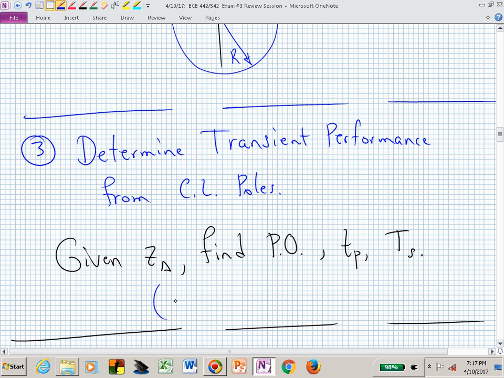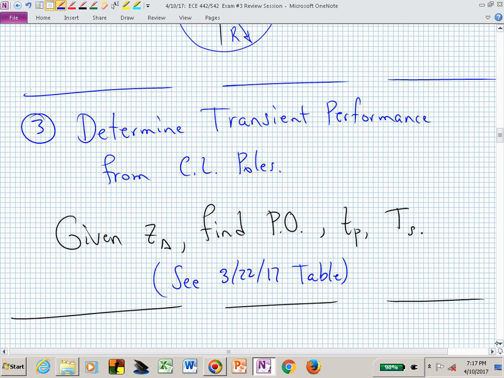And here, if you're trying to find the notes for that or the table, I believe we derived those on the 22nd of March. That table of these different relationships between r, theta d, and zeta.